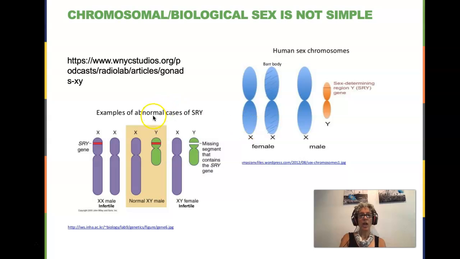So there are abnormal cases where the SRY gene is either located where it shouldn't be or it's missing. So typically there should be in an XY male, at least a genetic male, an X chromosome and a Y chromosome, and on the top little piece of the Y chromosome is that SRY gene.